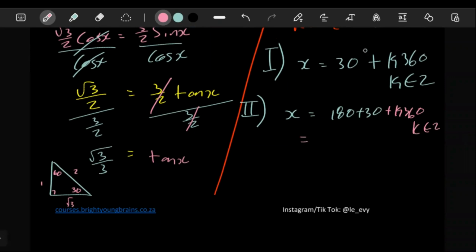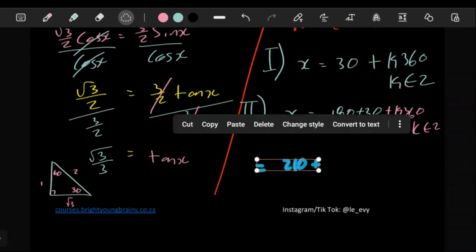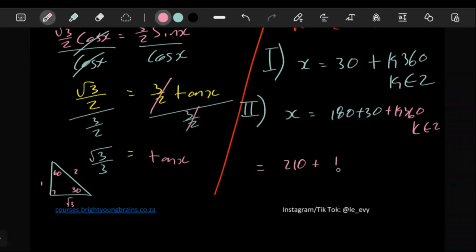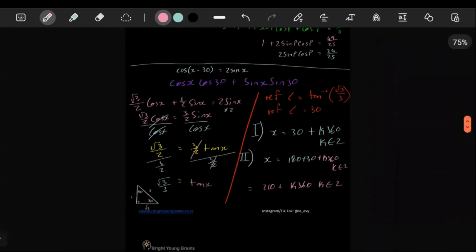So here it's 210 plus k360, k is an element of integers. Okay, and those will be your answers, and these answers are definitely okay. They'll get you all that you need.